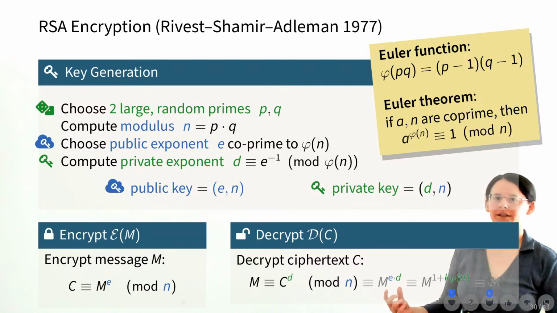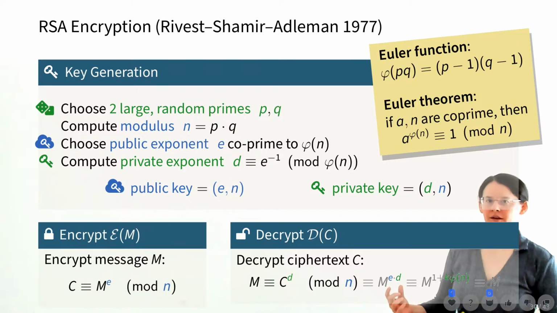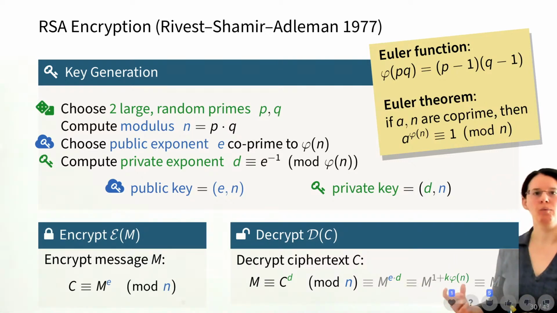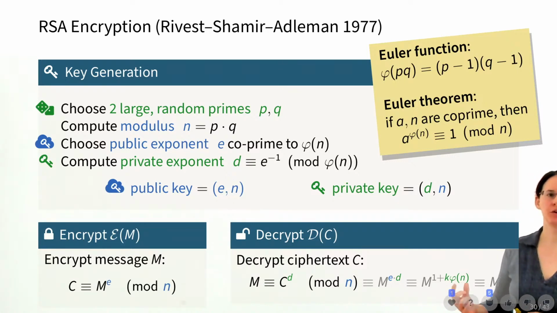What do we know about e and d? We know that they're inverses of each other modulo phi of n. So in other words, we can rewrite e times d as 1, because they're inverses, but they're inverses modulo phi of n, so plus some multiple of phi of n.